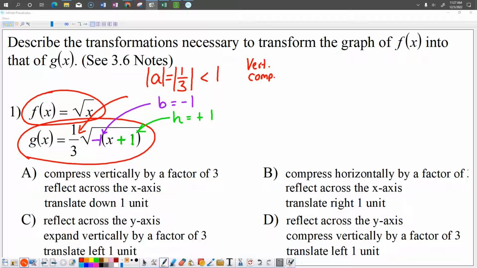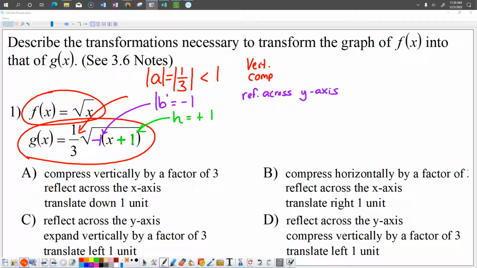In other words, it will end up looking a little bit wider. The next one is we have b is equal to -1. And when b is negative, that means we have a horizontal reflection, or in other words, we say it's reflected across the y-axis.